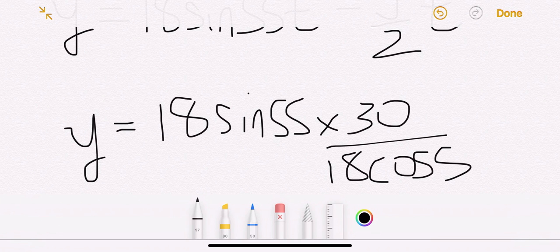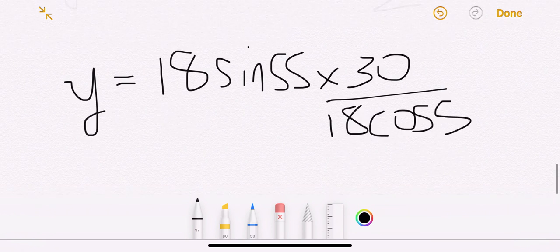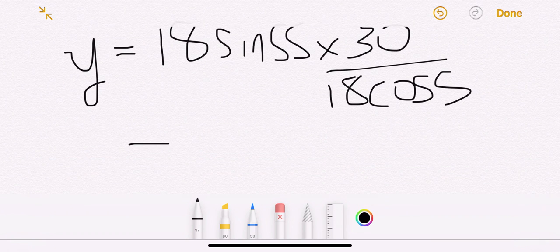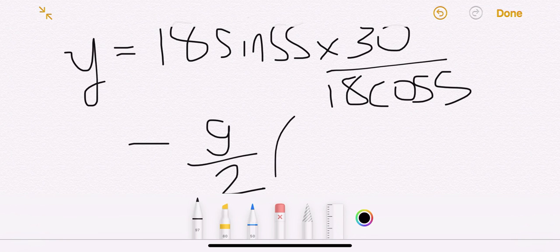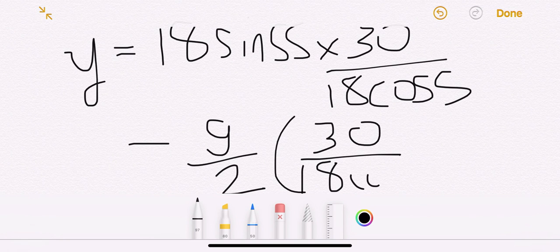Notice that is just 30 tan 55 minus g over 2 lots of 30 over 18 cos 55 squared.